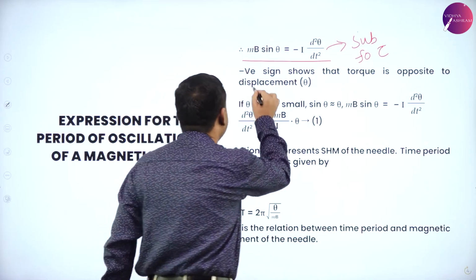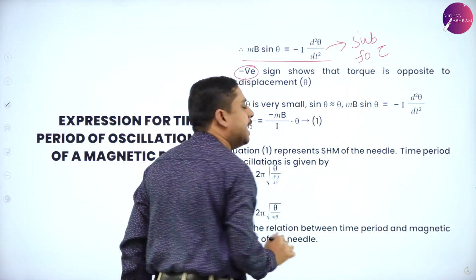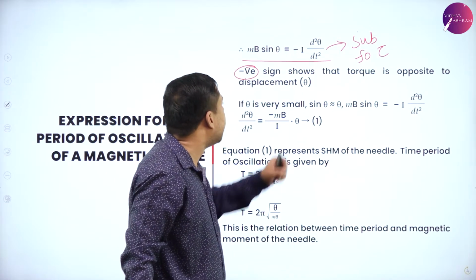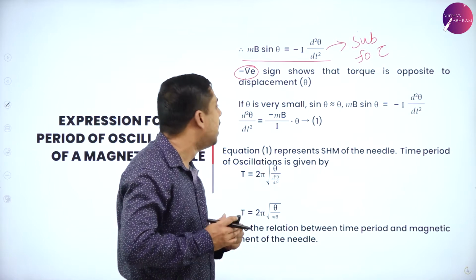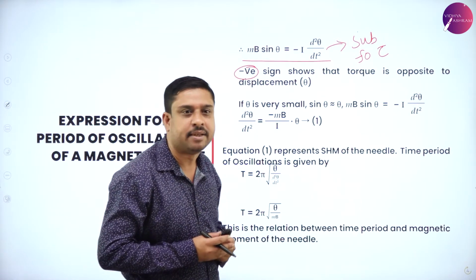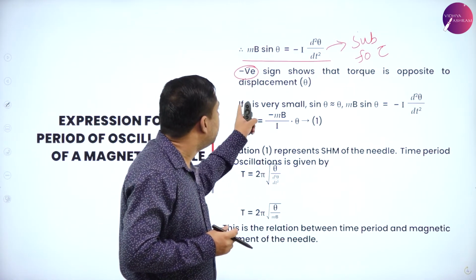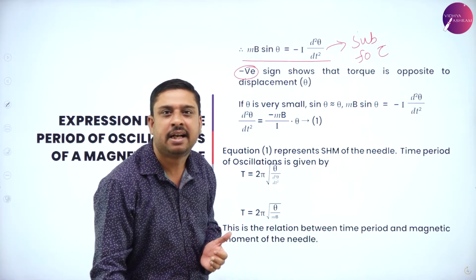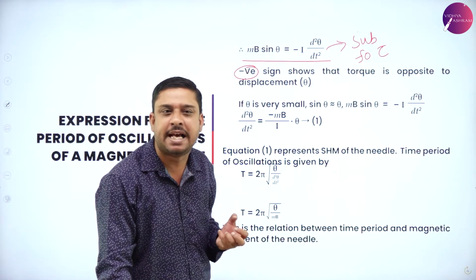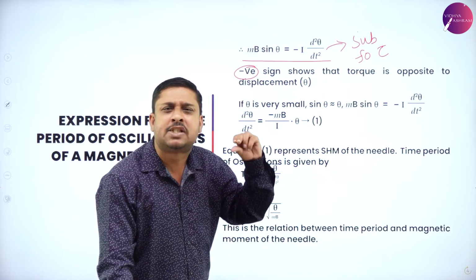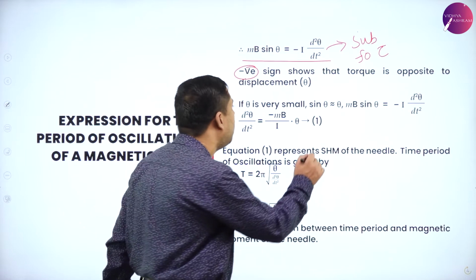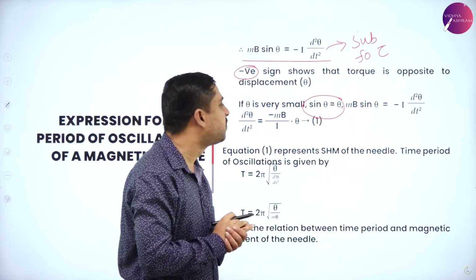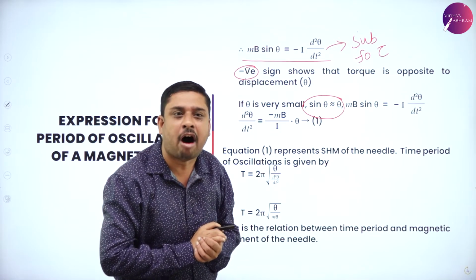And very clearly, the negative sign shows that torque is opposite to displacement. Now, assuming that the angular displacement theta is very, very small, sin theta takes up the value theta.